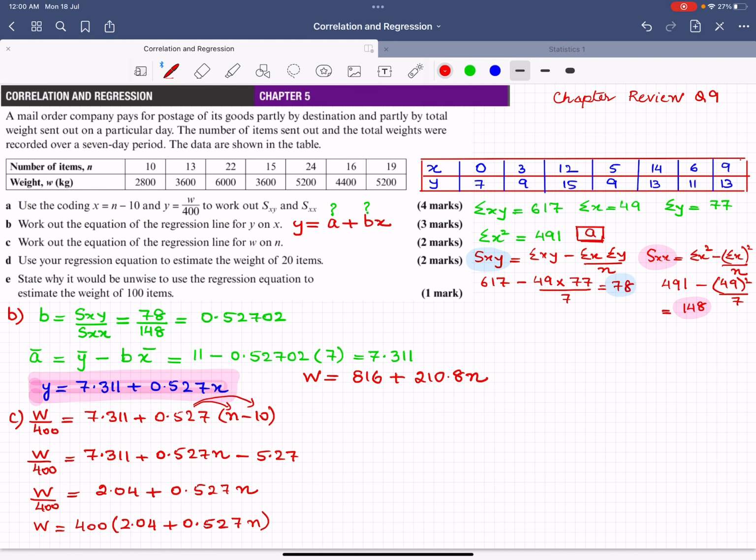So that answers part C, which is the equation of the regression line of w on n.